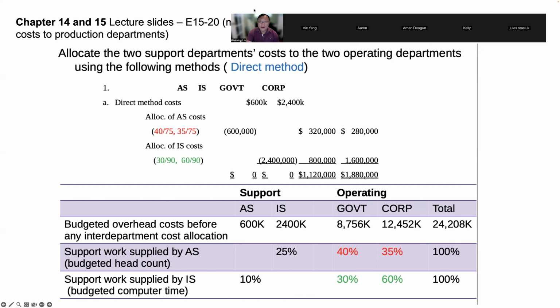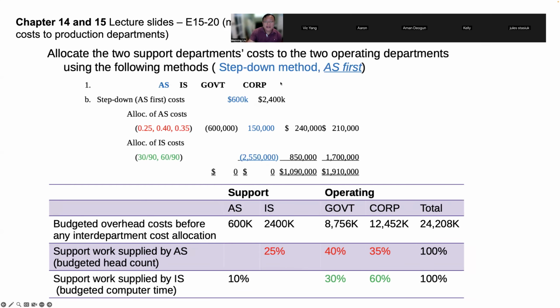Okay, so I'm going to move on to the step down method, right? So step down method, in this case, you have to pick an order, right? So we are saying which cost you are going to allocate first, okay? In this example, I'm going to show you when we pick AS, the main service department, as the first, okay?